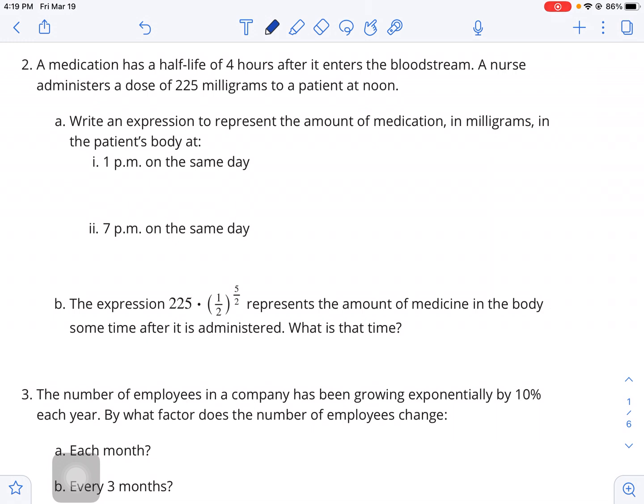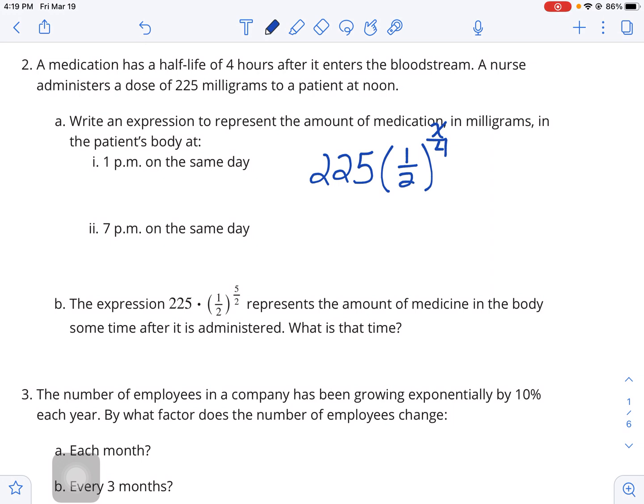So we're going to start out by writing our function. We start with 225 milligrams, and the half-life is when we have 1/2 left, so that's our multiplier. It takes 4 hours to do that, so we put x over 4. After 4 hours, if x is equal to 4, we'll have 1/2 to the 1 power, which gives me half of 225.